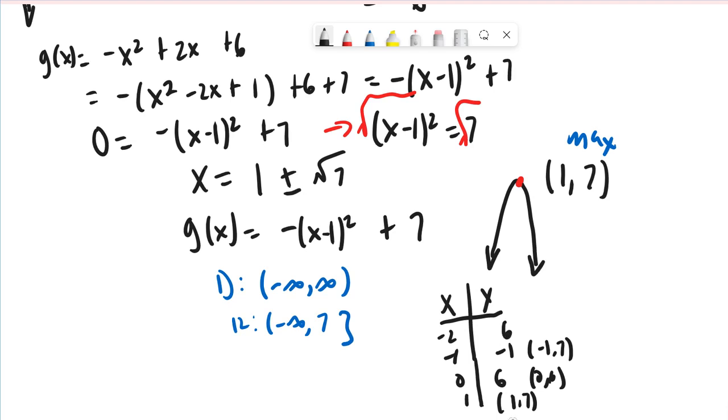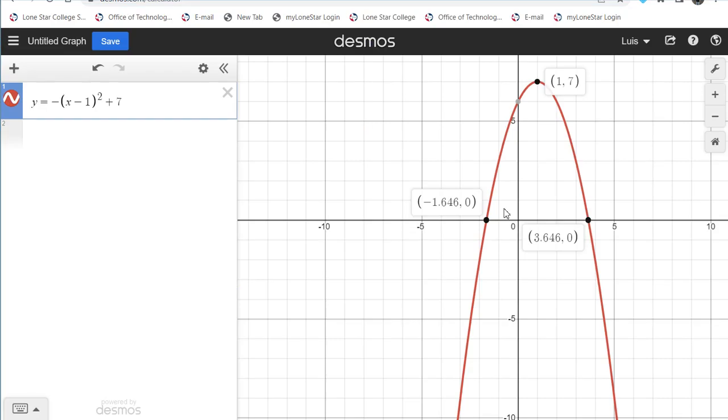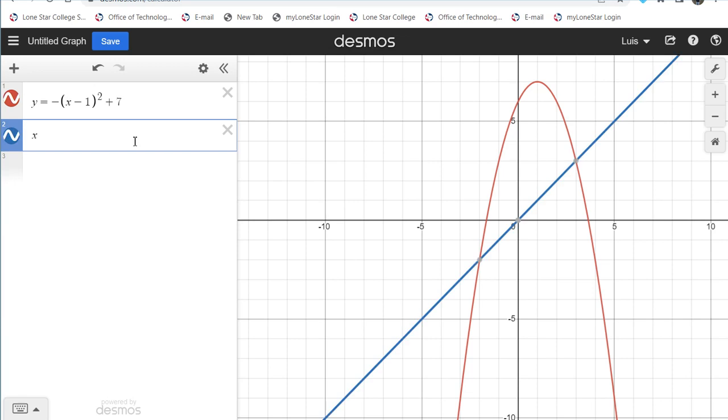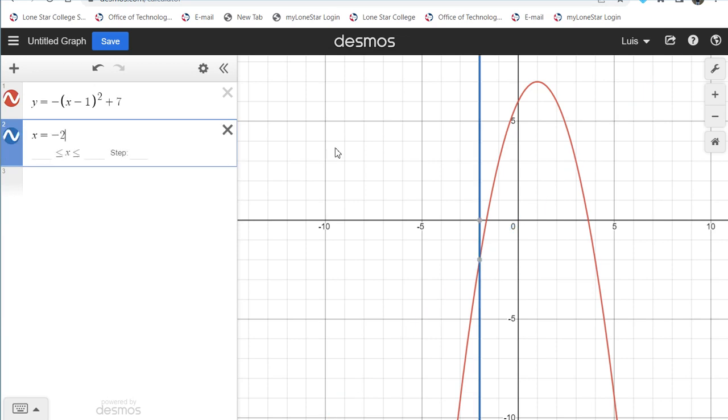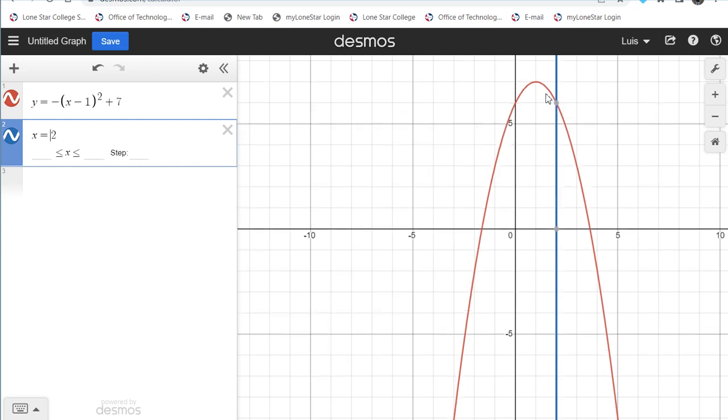So when you do that, that's going to give you, actually, let me go back to the graph, because -2. So let me do this. Why don't we do x equals -2? And what do we get? -2. What about x equals 2, though?